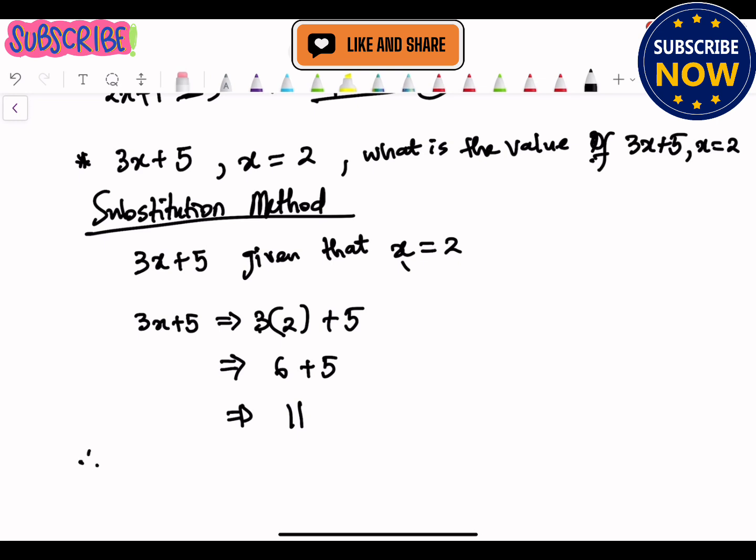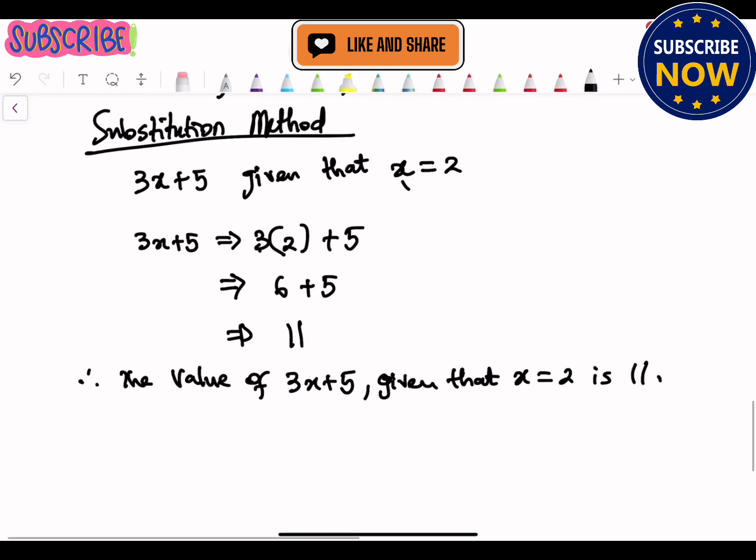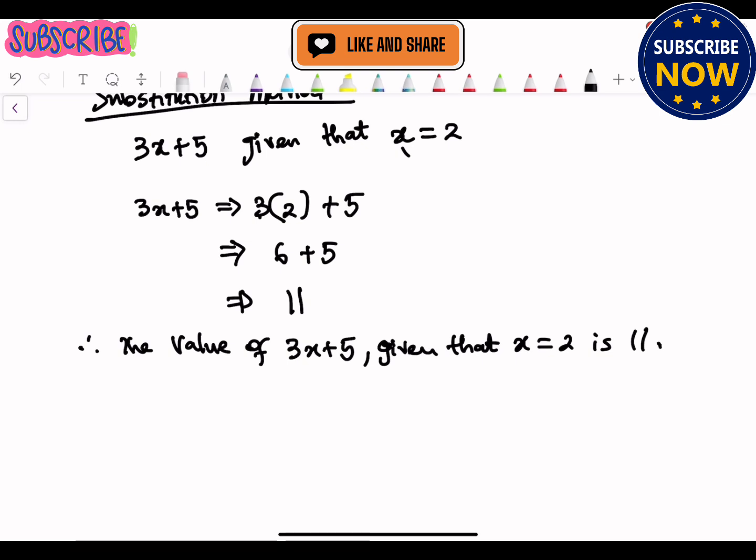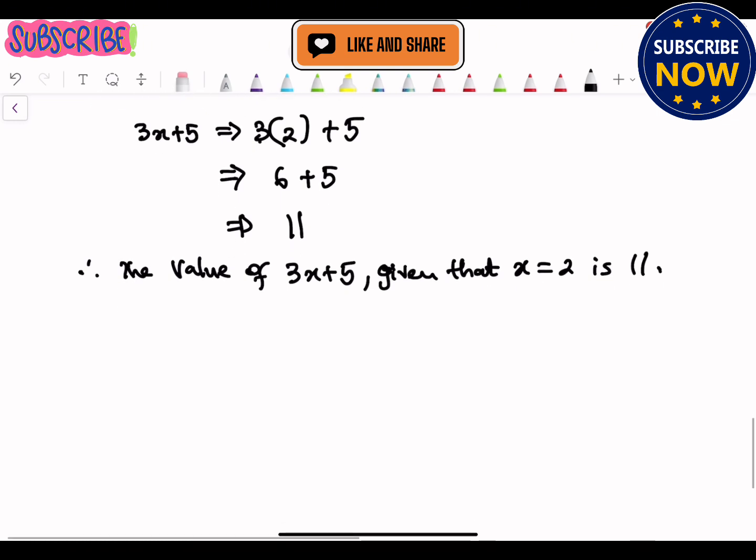So therefore, the value of 3x plus 5, given that x equals 2, is 11. This is an example of the substitution method.